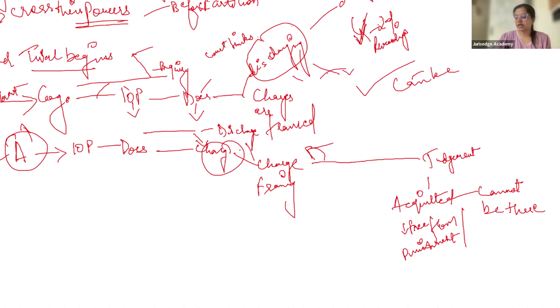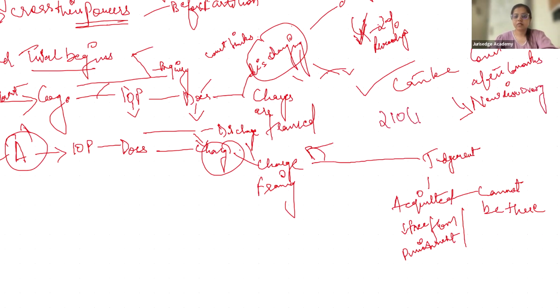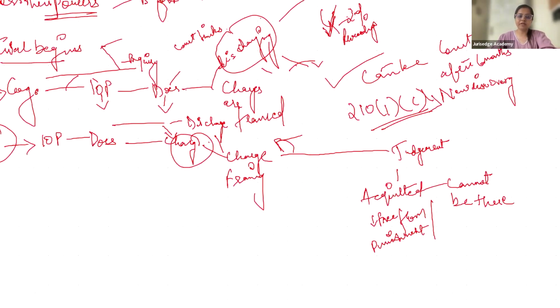If the accused was discharged because there were not sufficient evidences, and maybe after 6 months there is a new discovery of evidences, even a person can bring that, or even a magistrate can take cognizance on his own information. So the proceedings can be reopened. That is the whole point of me explaining discharge.